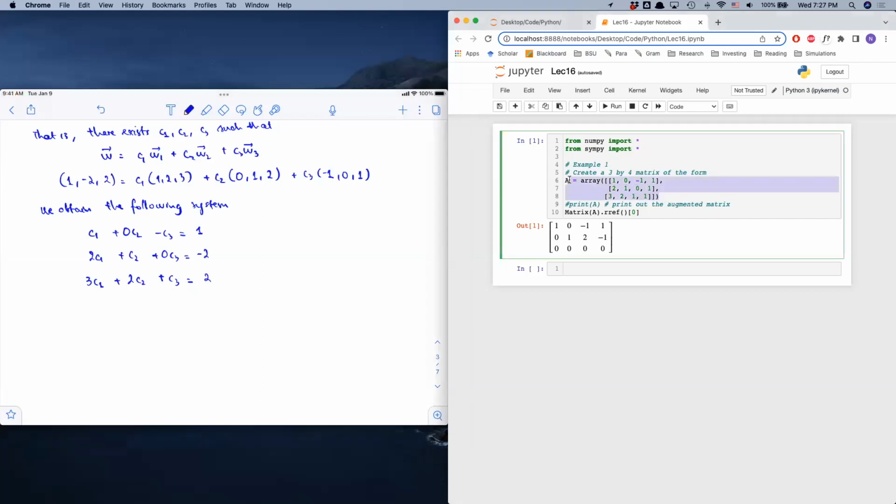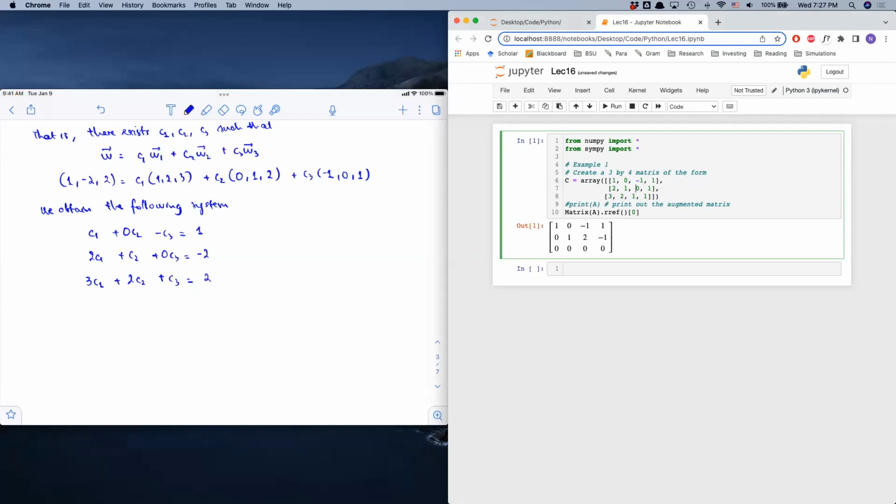Just for this particular line of code, right? So let me change this to C, and the augmented matrix of the system is going to be 1, 0, negative 1, 1, right? If you notice, between example 3 and example 4, everything is the same except for the right-hand side of the system.